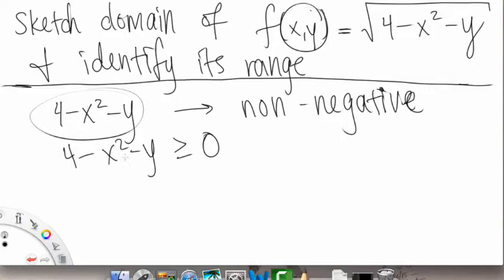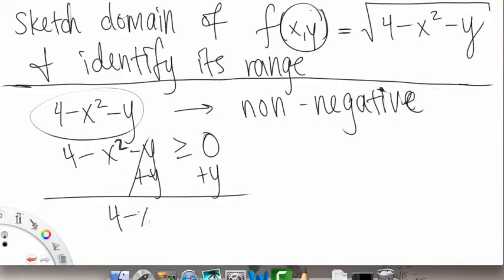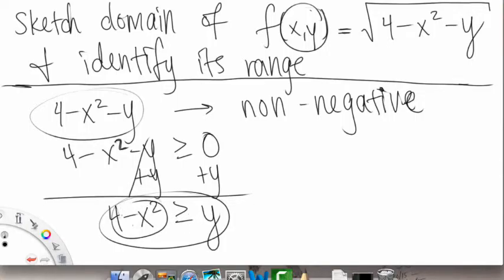Now what we want to figure out is what can y and x be? So I'll get y by itself. I'll move it over to the right side, so we can get it into a form that is more understandable for us to graph. So y is less than or equal to this thing on the left side.